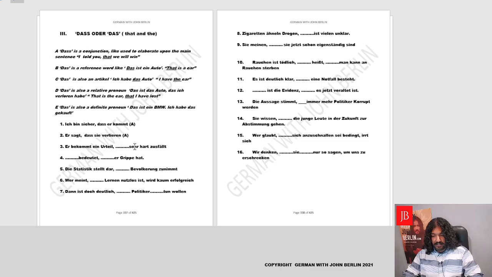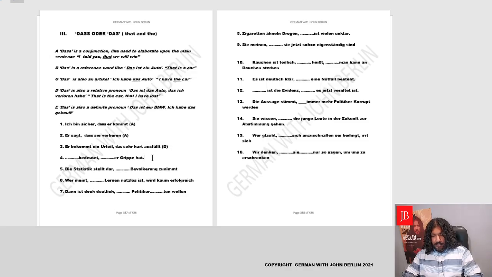Ein Urteil, das sehr hart ausfällt. Ausfallen is like, how could it be explained? It's very hard on him, let's say. So what is hard on him? Nominative. Urteil is Neutrum, so we'll say das. So this is your option of relative pronoun. We could write D. Yes, this one is D.